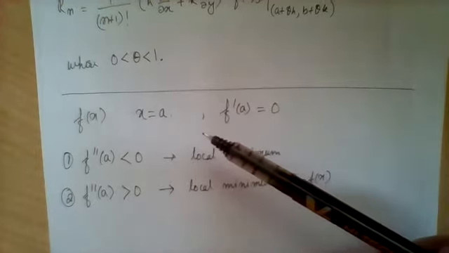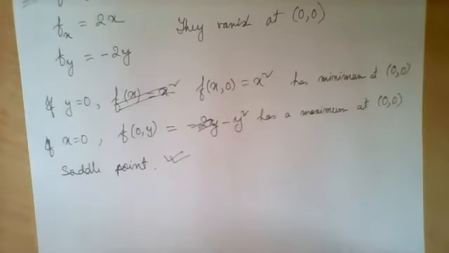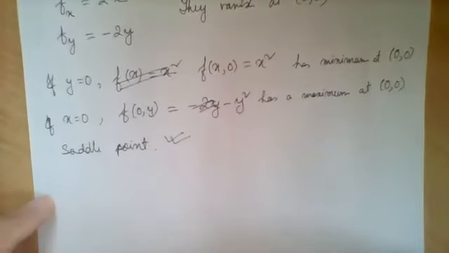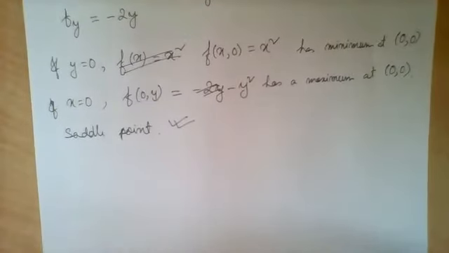For a function of two variables, the signs of the second order derivatives determine whether at that point the function has a maximum value or a minimum value.